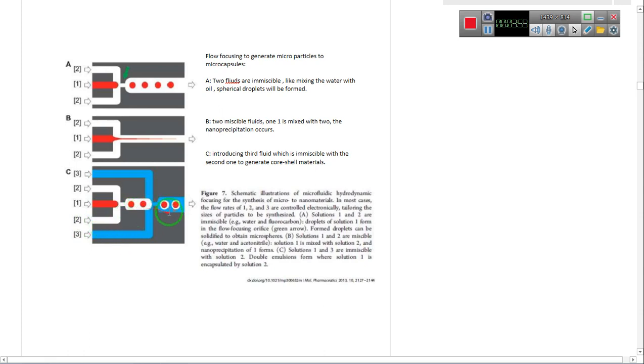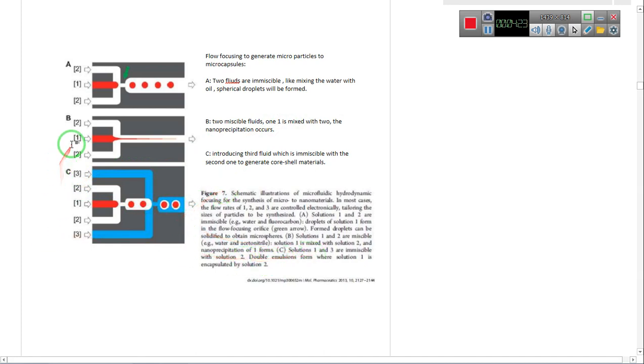So you see here that finally the core shell materials are formed, and for example you can synthesize the iron oxide nanoparticles, the magnetic nanoparticles, which are coated with a polymeric shell, such as the PEG.